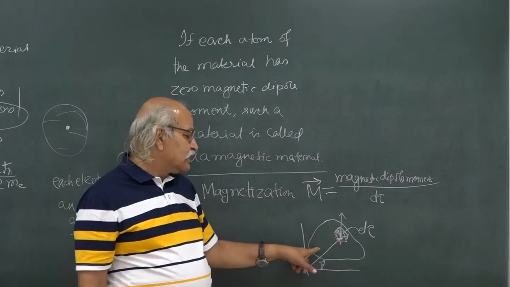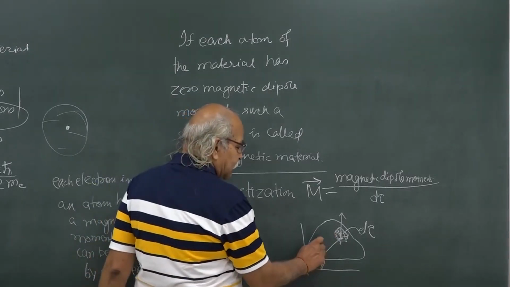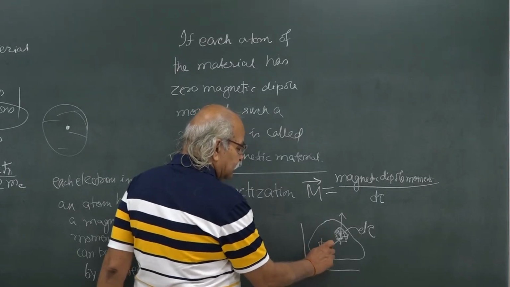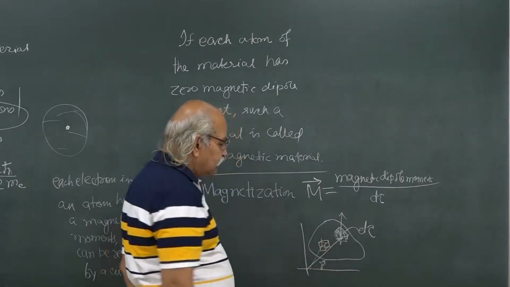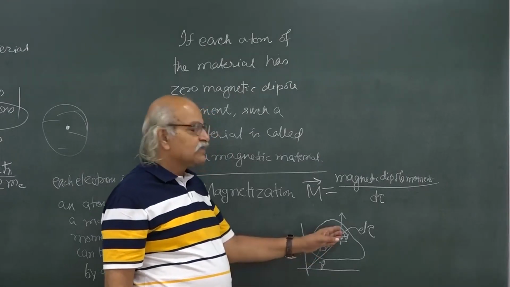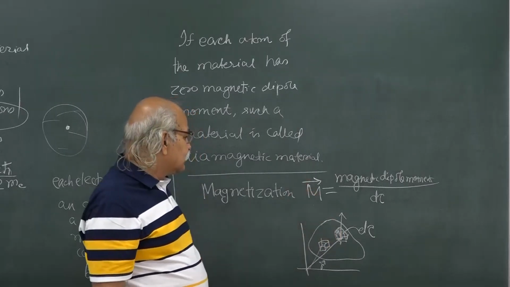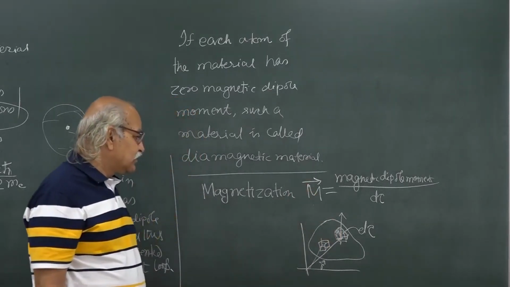At different points it can be different. If you take a point here and then construct a similar small volume, then maybe this total magnetic moment is different from this, or maybe it is equal. So in general it will vary, and this is known as magnetization.